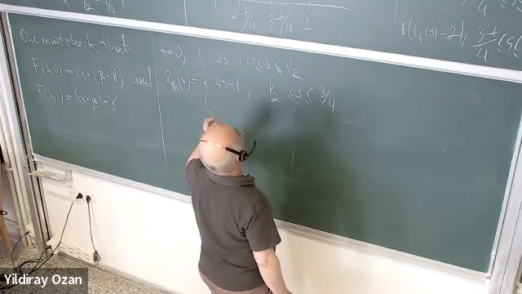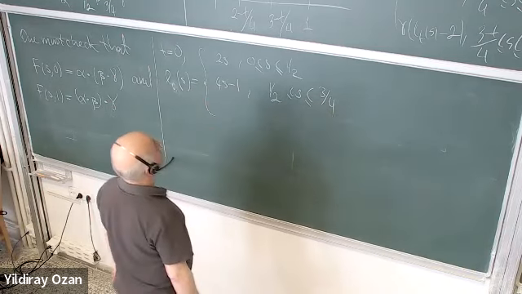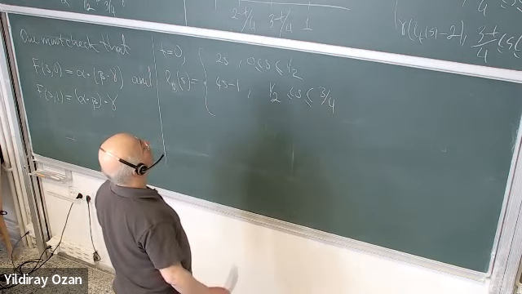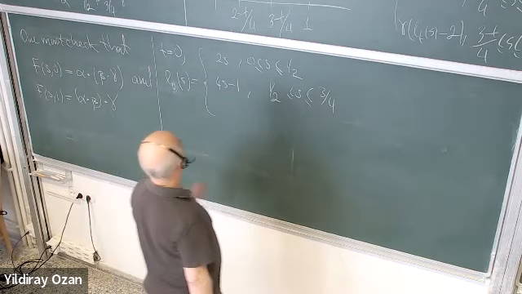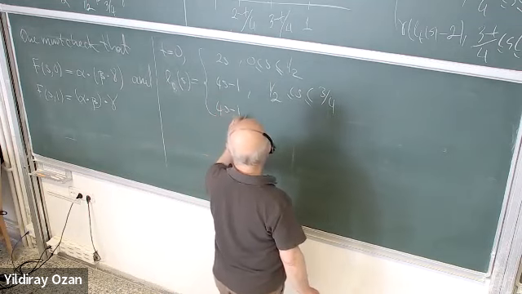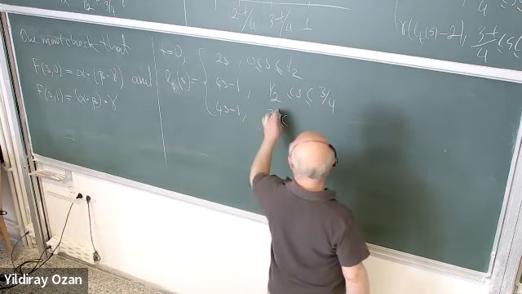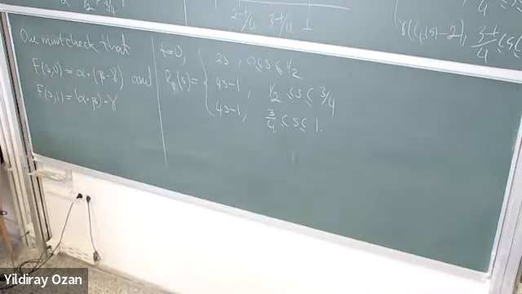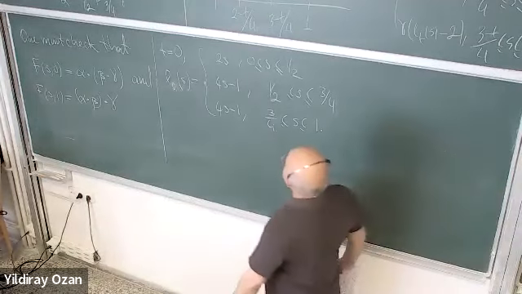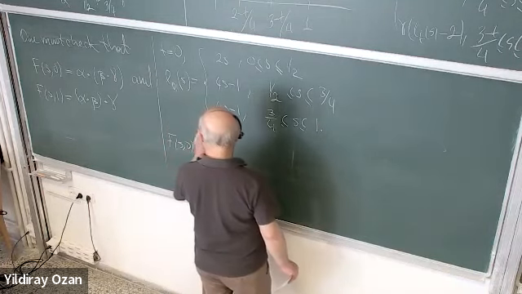And when t is again 0, this is 4s minus 1, so this time 3 over 4 and 1. So what is the function f at s0?